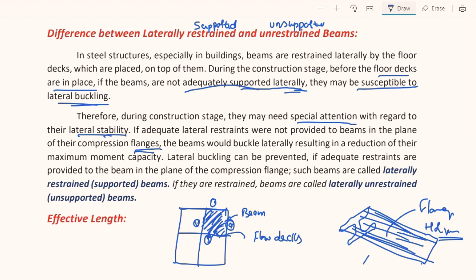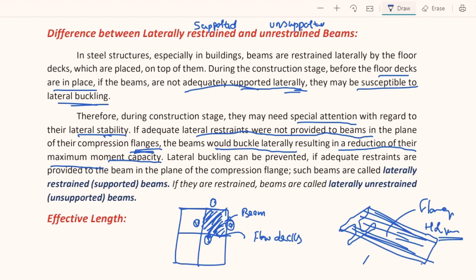So if adequate lateral restraint is not provided in the plane of the compression flange, the beam would buckle laterally, resulting in a reduction of its maximum moment capacity. Yes, for sure, right? So lateral buckling can be prevented. As I told you earlier, if we provide these slab decks early, we can avoid the buckling that is going to take place, right?